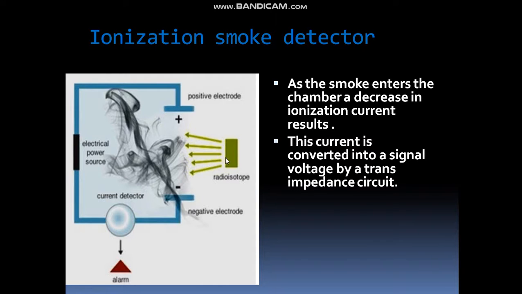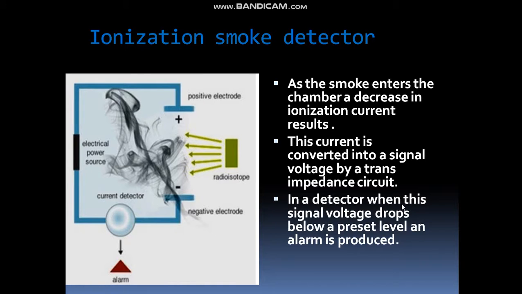This current is converted into signal voltage using this power source, and it is sent into the current detector. In the detector, the signal voltage drops because the ionization current is decreased.